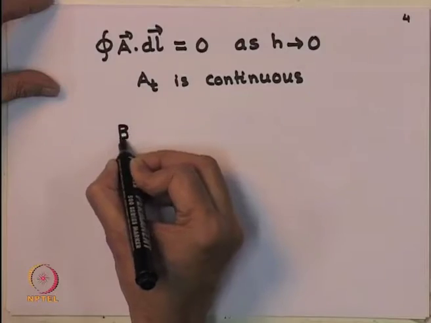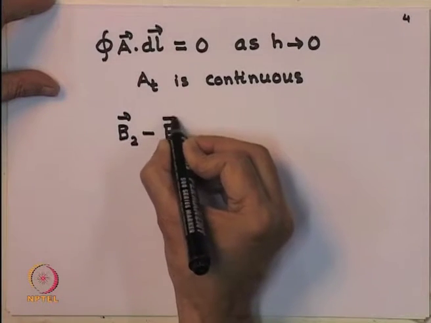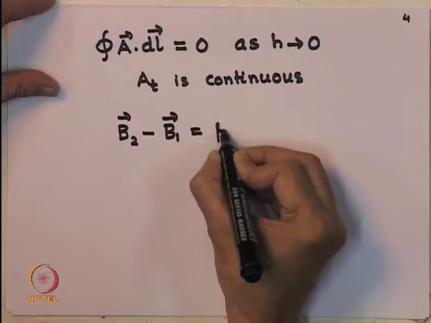However, we are now going to show that though that is so, the normal derivative of the vector potential suffers a discontinuity, and this arises from the discontinuity that the tangential component of B has if there are surface currents, and that we had seen that B 2 minus B 1 can be written as equal to mu 0 n cross k.